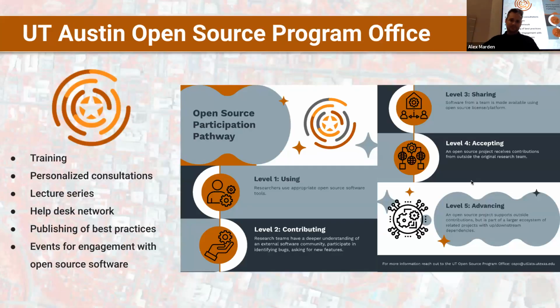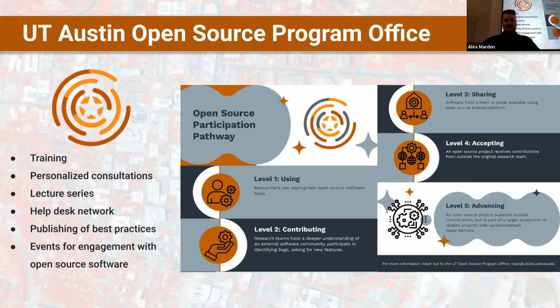All right, so to give a little bit of background as to why we're really stressing open source with this workshop and our other events across this semester, I want to introduce the new UT Austin Open Source Program Office, which we're in collaboration putting on this workshop today.